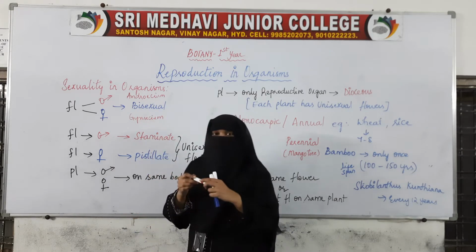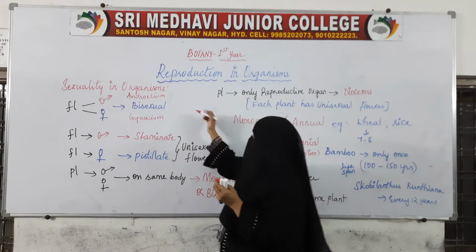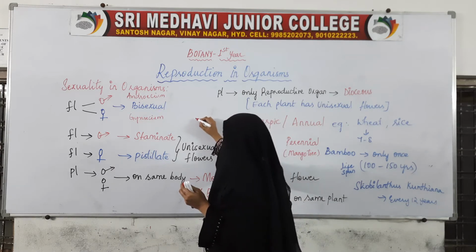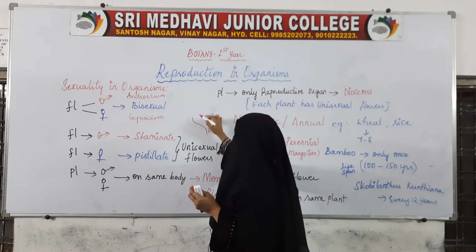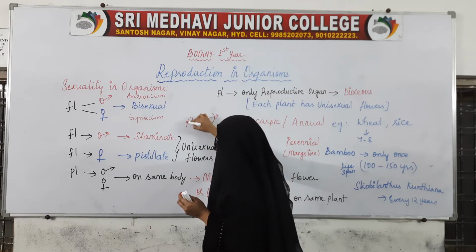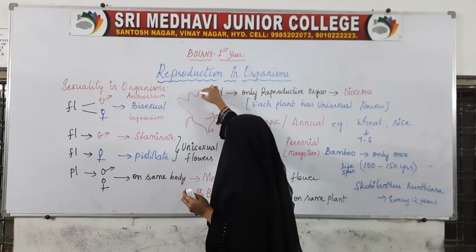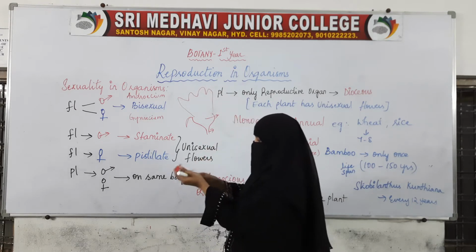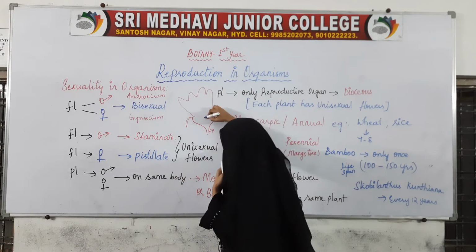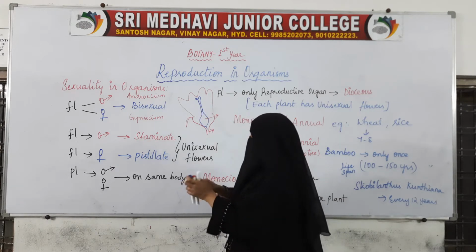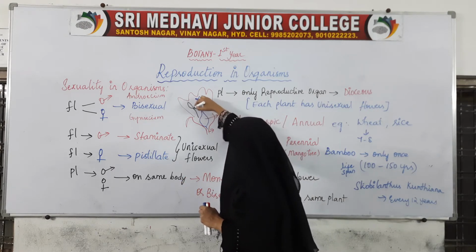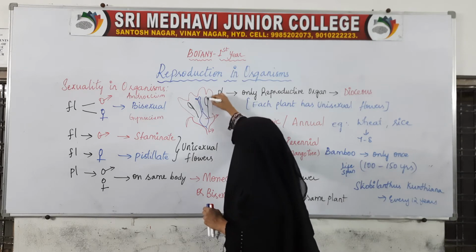If I draw a single flower like this, this is the thalamus, this is the pedicel, on the thalamus we have the calyx, then the petals, in the middle the pistil is there, and here we have stamens.